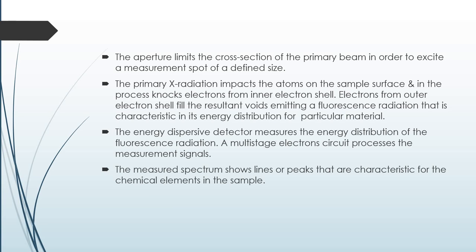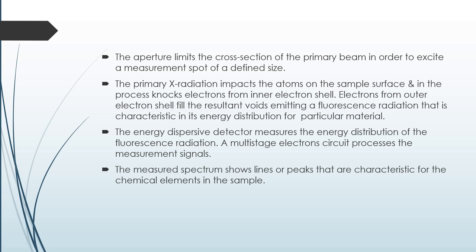Electrons from outer electron shells fill the resultant voids, emitting a fluorescence radiation that is characteristic in its energy distribution for a particular material. The energy dispersive detector measures the energy distribution of the fluorescence radiation.